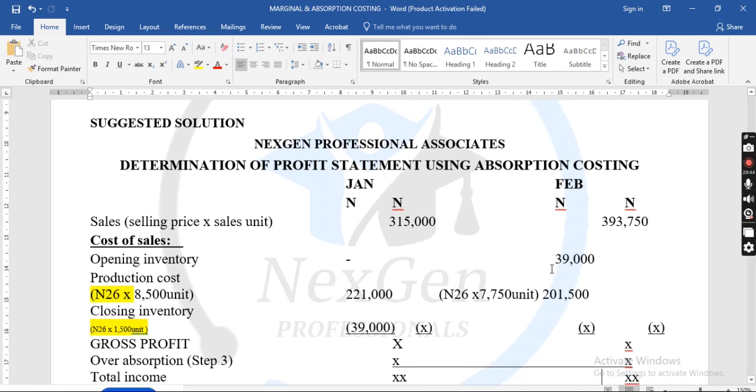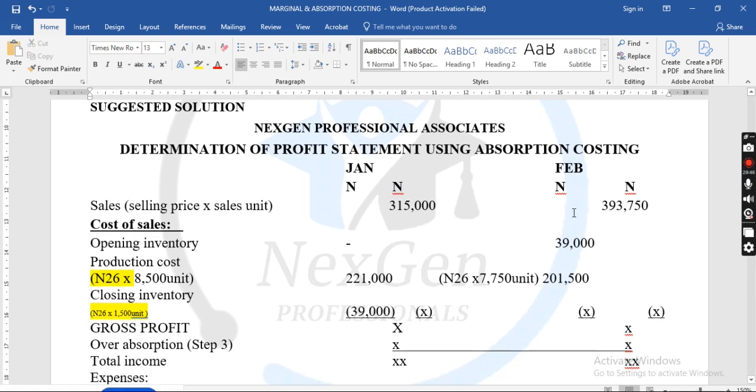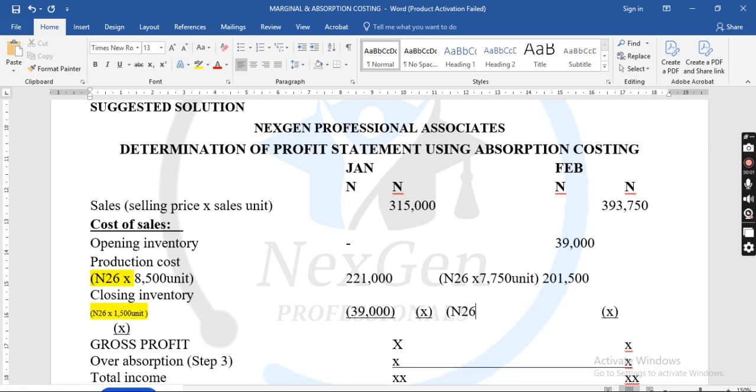Now, if that is established, class, quickly, what will be your closing inventory for February? Closing inventory is 500 units.